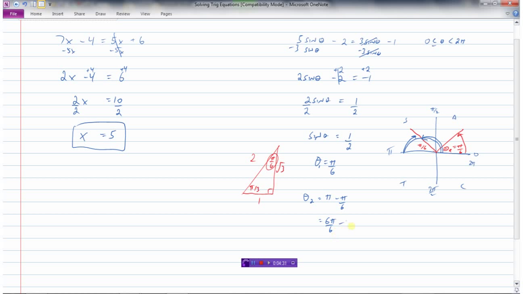And getting common denominators and subtracting, that's 6 pi over 6 minus 1 pi over 6, which is 5 pi over 6. So my angles for theta would be pi over 6 and 5 pi over 6. And now I've solved this trig equation for sine theta equals 1/2, and I've given my two angles between 0 and 2 pi. I'd have this one here, and I'd have this one here.